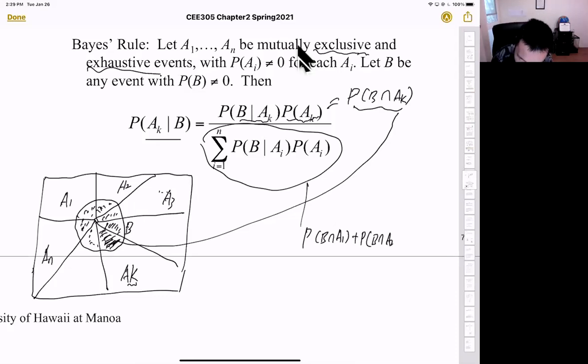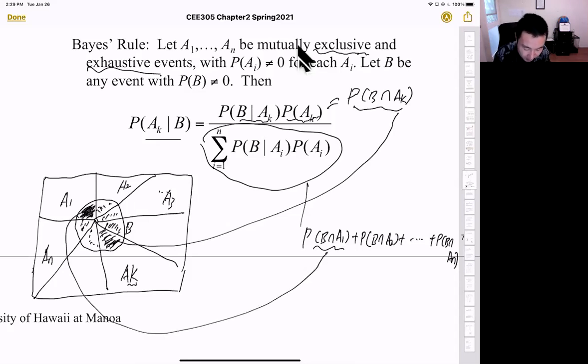P(B and A1) is this part. So Bayes' rule just tells us that P(Ak given B) is equal to P(B and Ak), these areas, over the whole circle of B. The whole circle of B is this part.